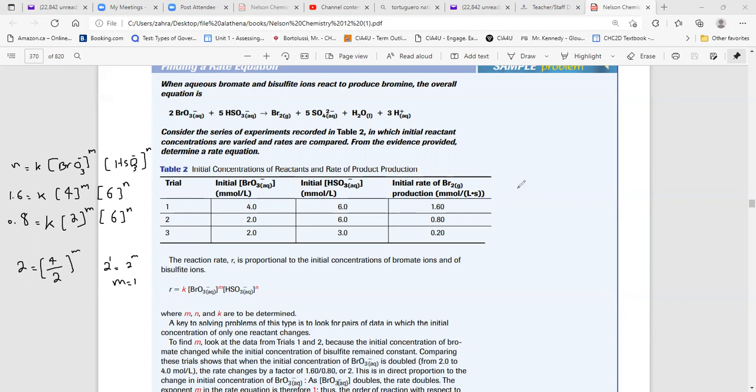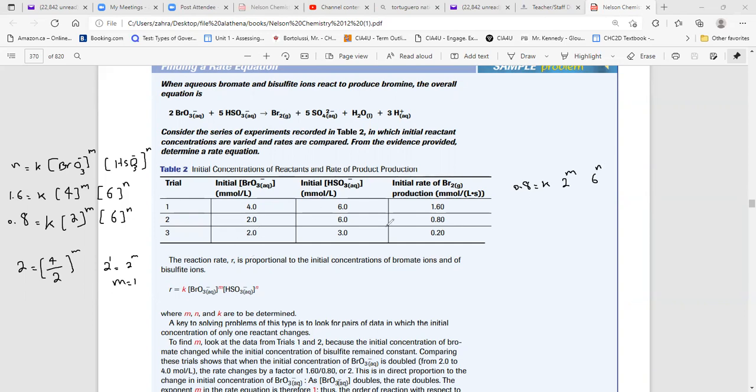Okay. Now we do the same thing, but this time I'm going to find experiments where the BrO3 is the same, because I use this to make HSO3 the only change. So the second one and the third one are good. They have the same BrO3. Again, the rate of that is 0.8, so 0.8 is equal to k, BrO3 is 2 to the power of m, and here is 6 to the power of n.